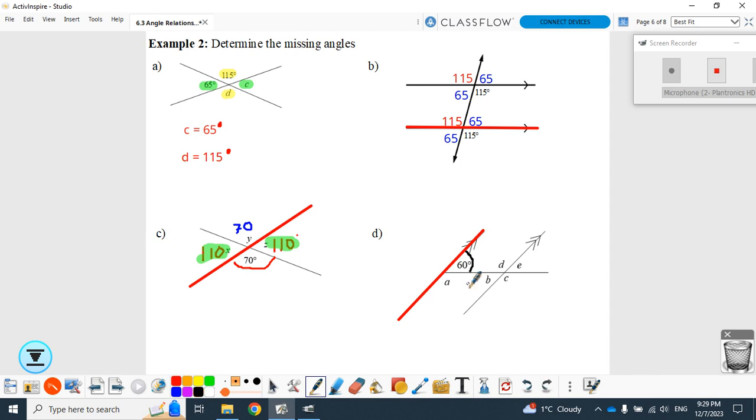So 180 minus 60 is 120 degrees. So A down here must be 120 degrees.